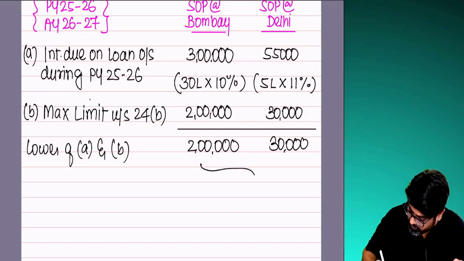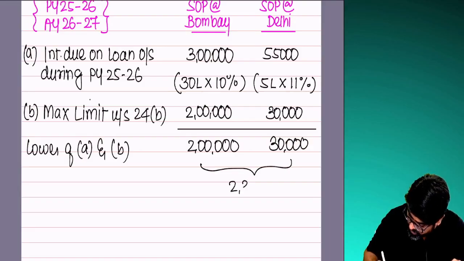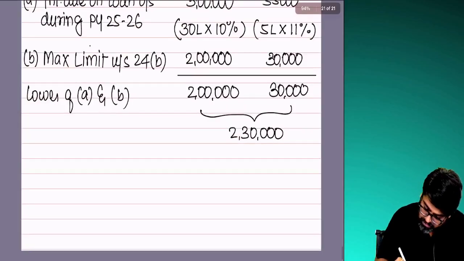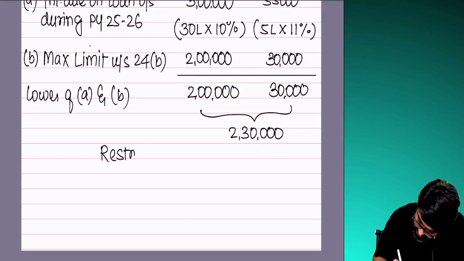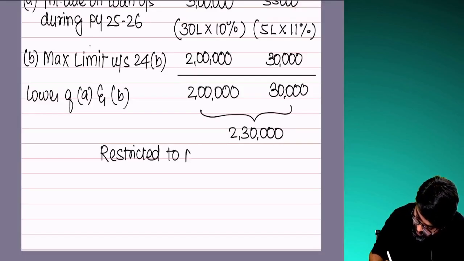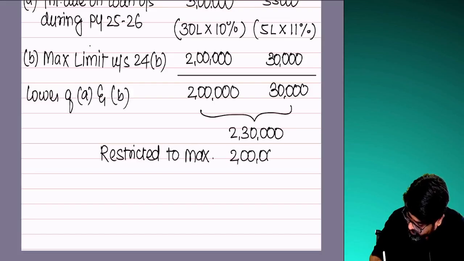So this plus this will be 2 lakh 30. But restricted to, what did I say? Restricted to maximum 2 lakhs.